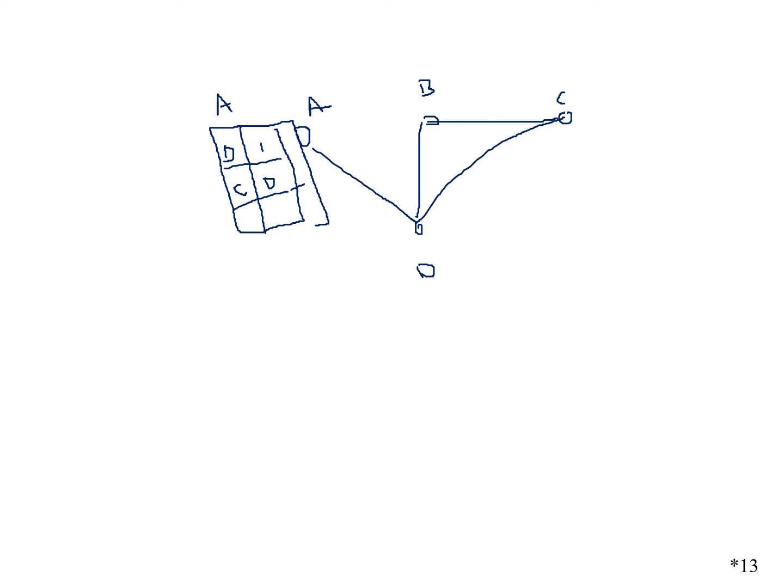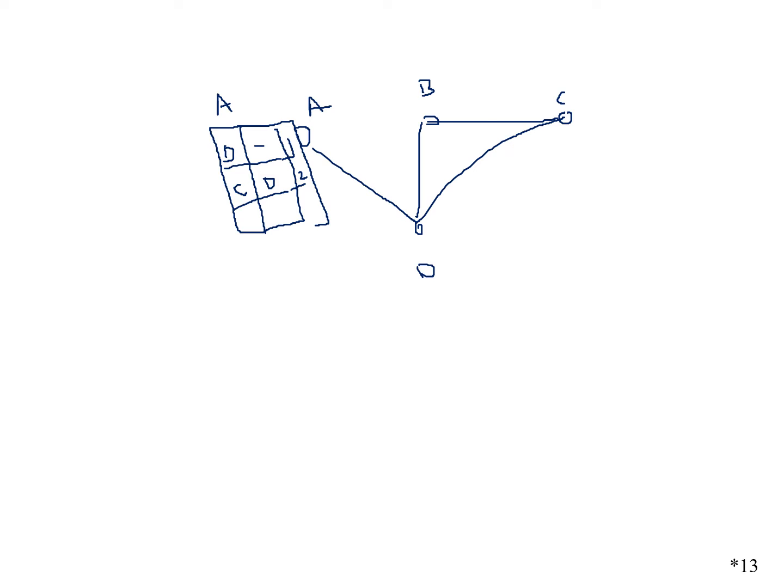Let's see how to do this. Let me remove that. So A can go to C via D, and there are two hops.